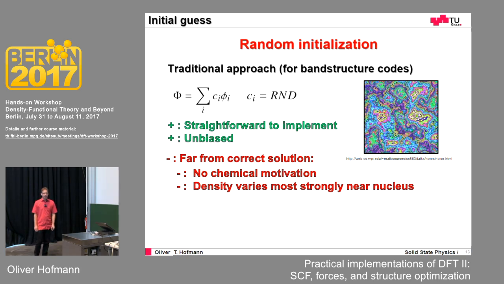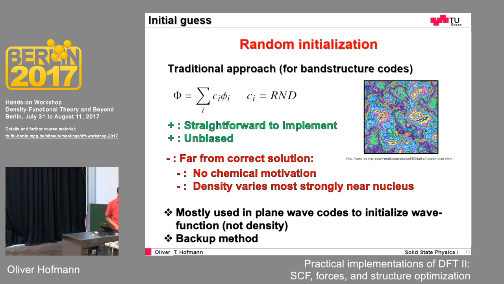And it doesn't account for the fact that the density varies most strongly near the nucleus. So it's mostly used in plane wave codes, if it's used at all, and it's sometimes still there as a backup method, but as I said before, I don't think it's actually used in practice a lot anymore.